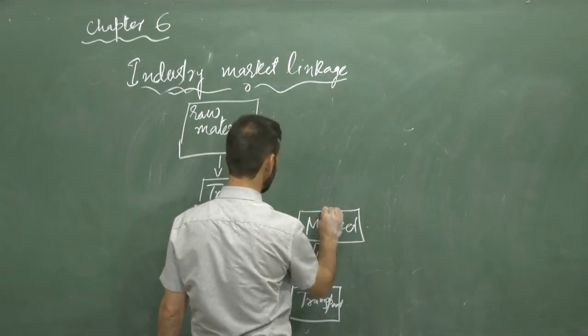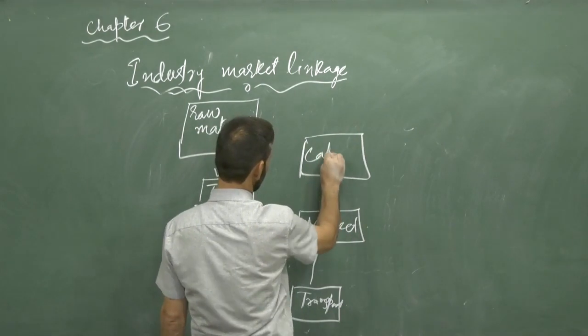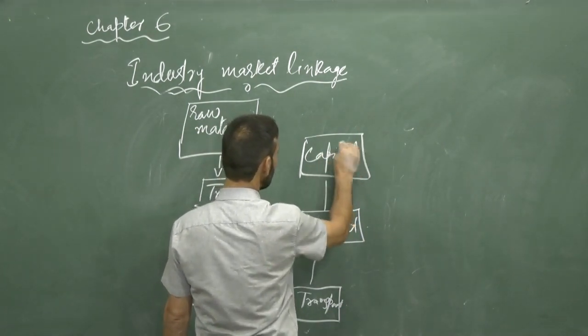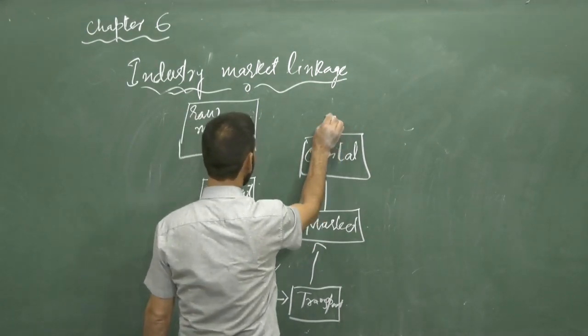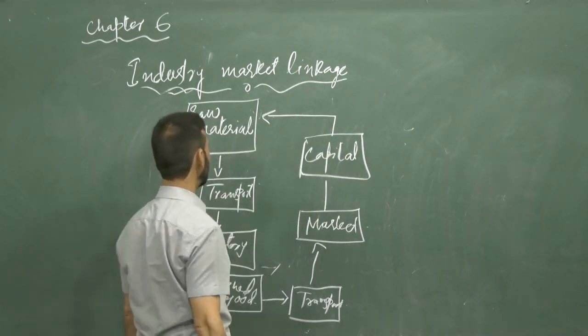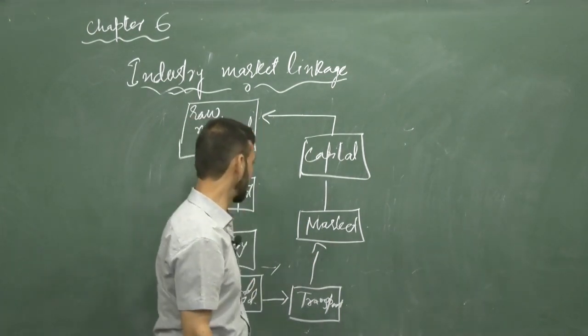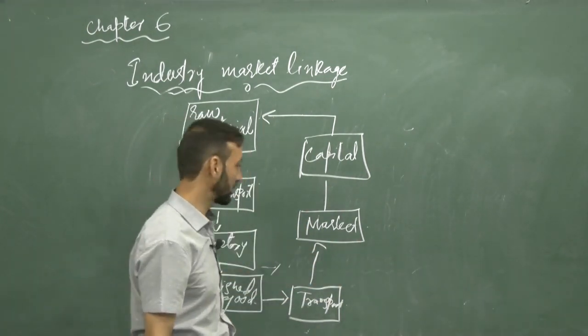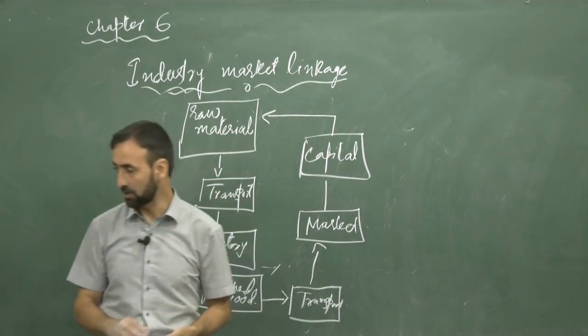From the market we obtain capital, we obtain money, and this money is again invested for buying raw material. In this way, this cycle continues again and again, through which the industry can run, become successful and be benefited.